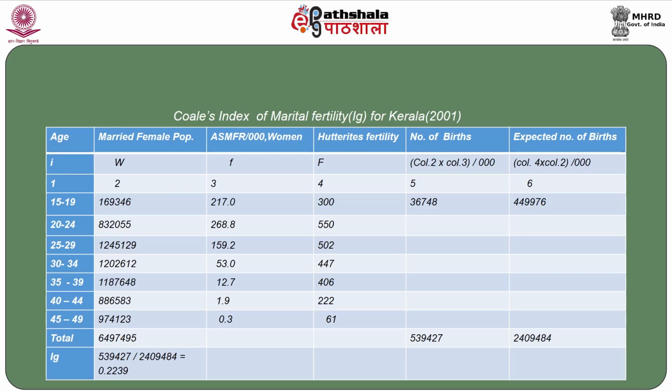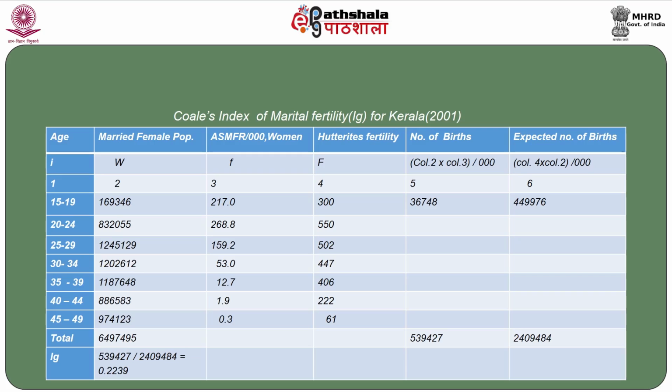The age-specific marital fertility rate is given for each of the age groups starting from 15 to 19 to 45 to 49. Then the next column gives the fertility of the standard population considered by Coale. The last column gives the expected number of births. The column just before that gives the number of births.